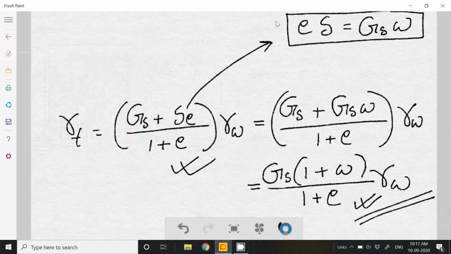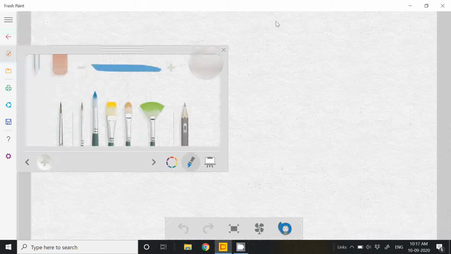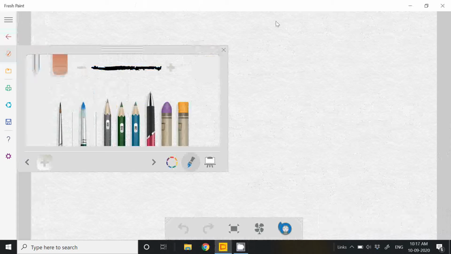Now let us go to the formula for submerged unit weight. How will it look like? Submerged unit weight was what? It was saturated unit weight minus unit weight of water, isn't it?